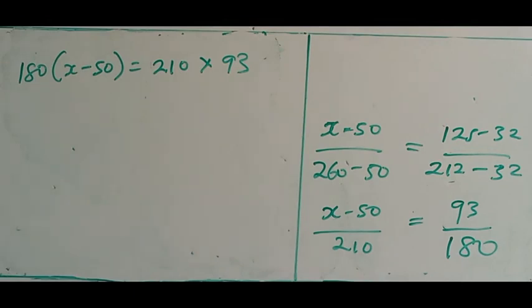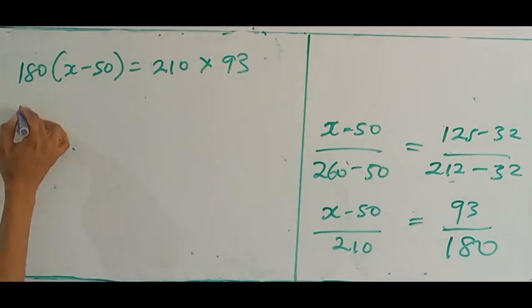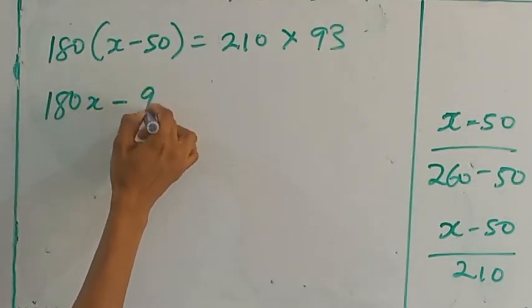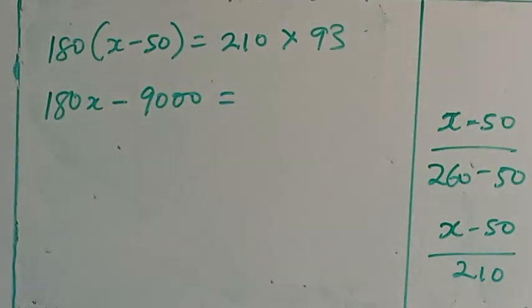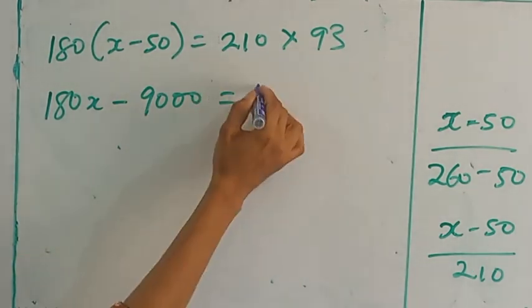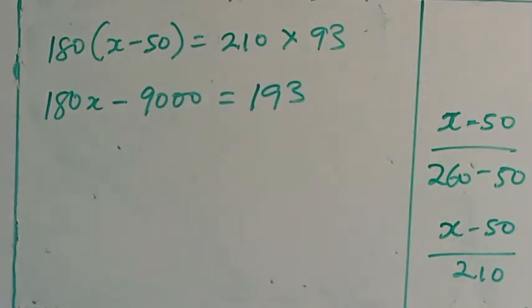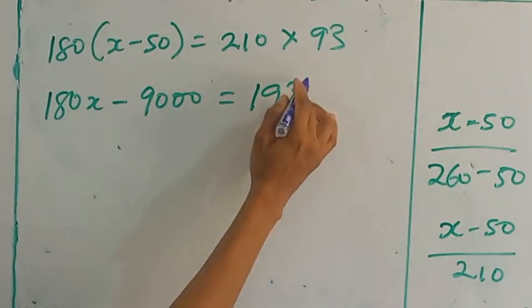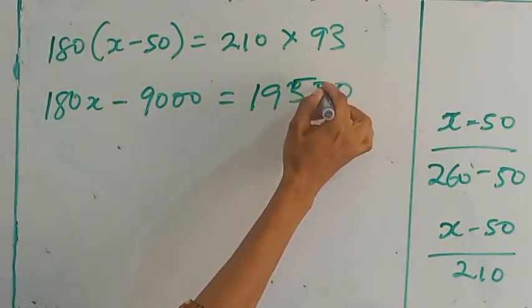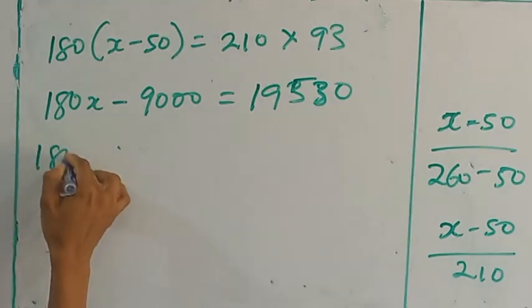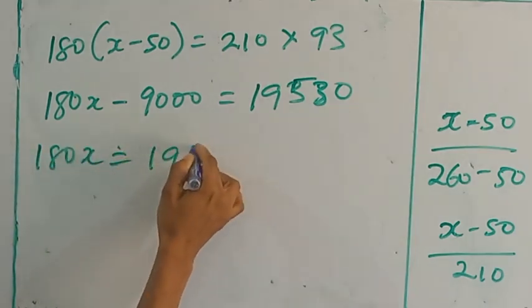We'll go ahead and open the bracket. 180x minus 9,000 is equal to, if we multiply this, 19530.